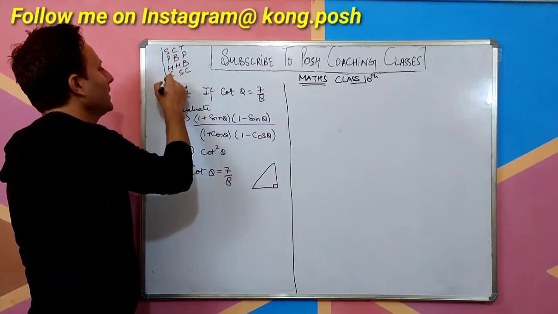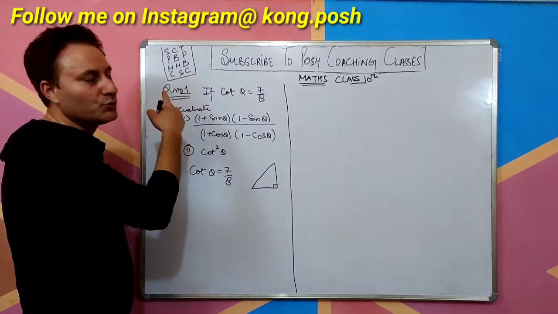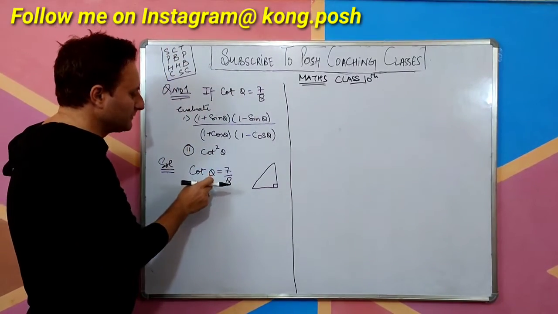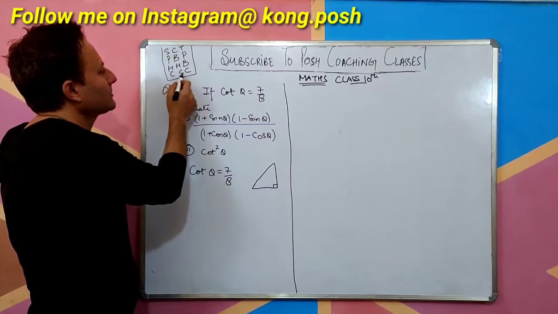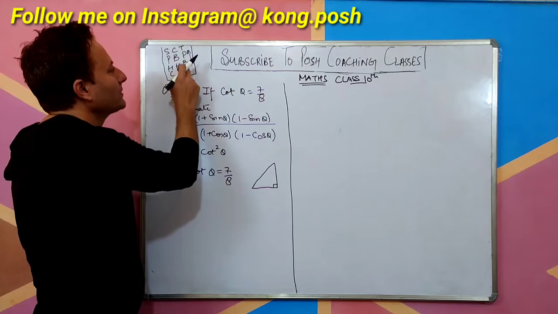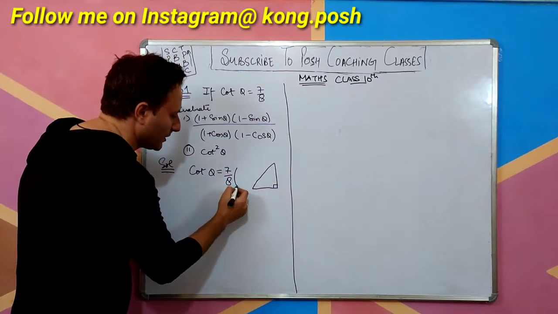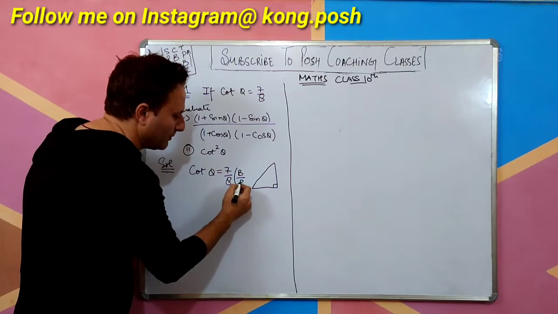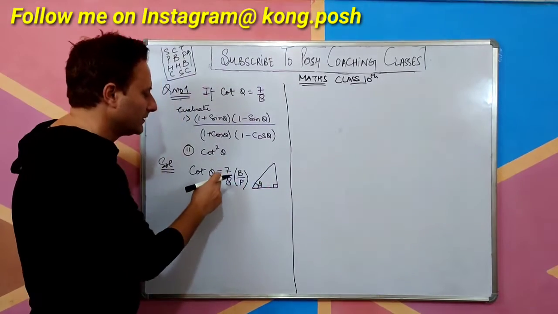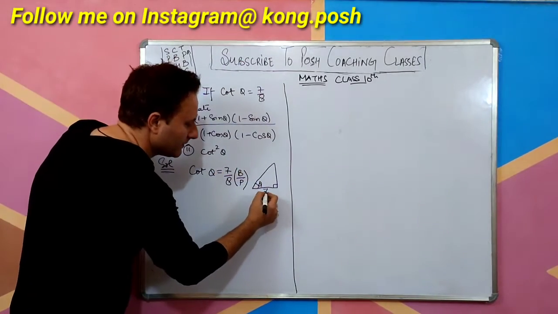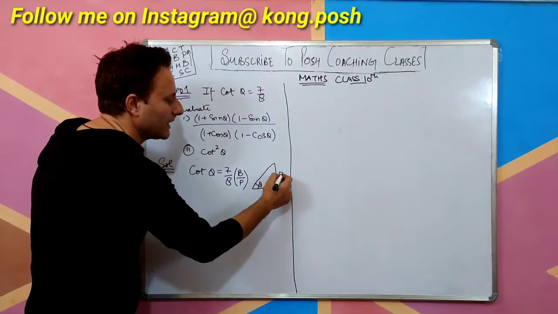I'm not going into this because I know you guys know this. Cot is base upon perpendicular. So if theta is here, base is 7 and perpendicular is 8.